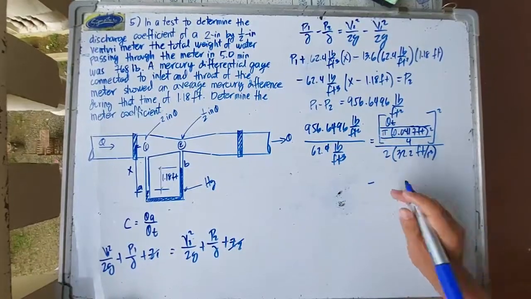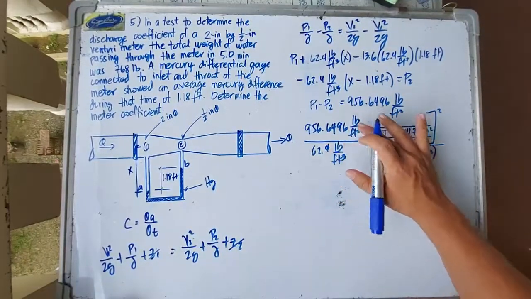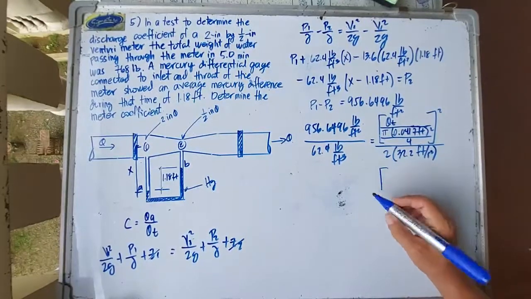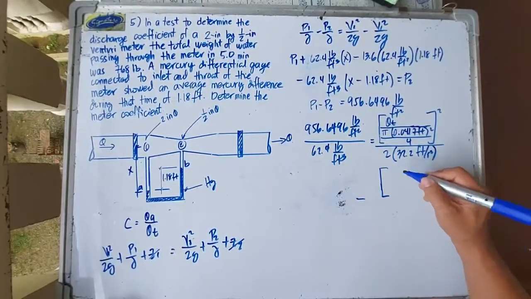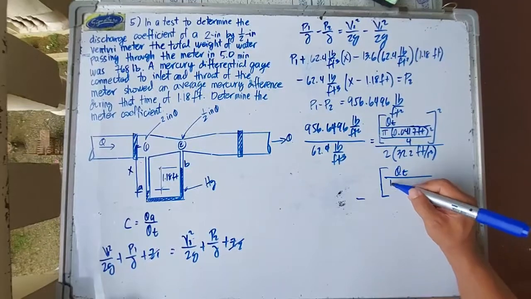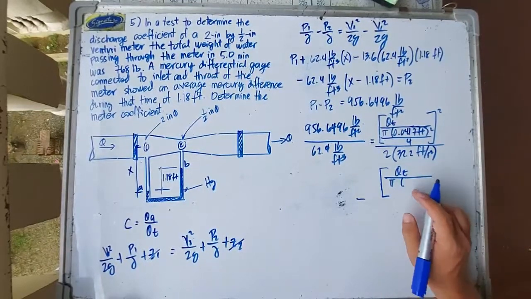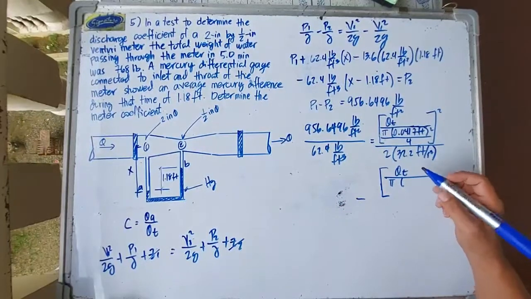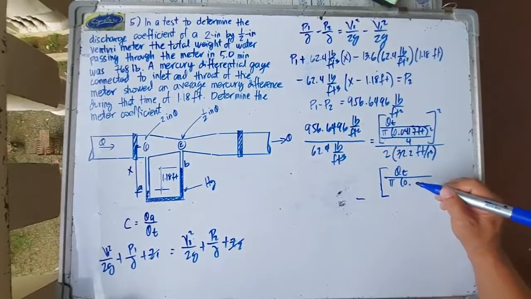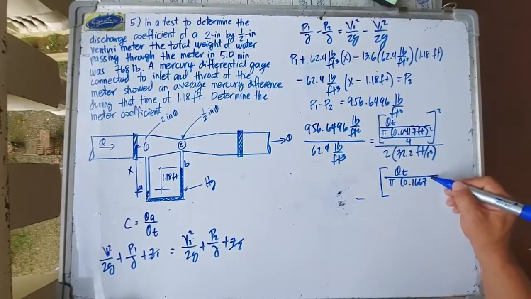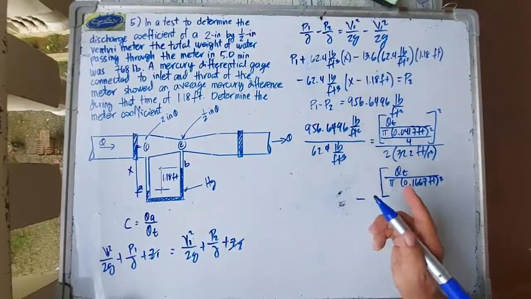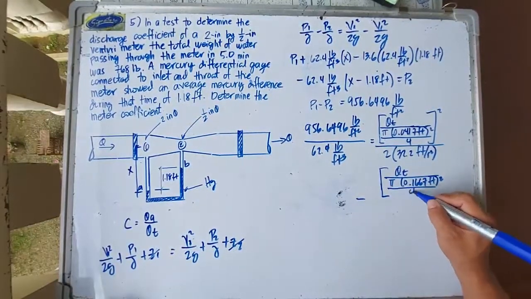This is the velocity at point 2, that's Q over area at point 2. Then minus QT divided by pi times the diameter at point 1, that's 2 inches divided by 12, approximately equal to 0.1667 feet. We convert the 2 inches to feet, so we divide it by 12.